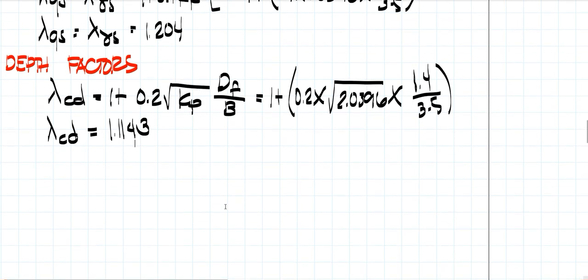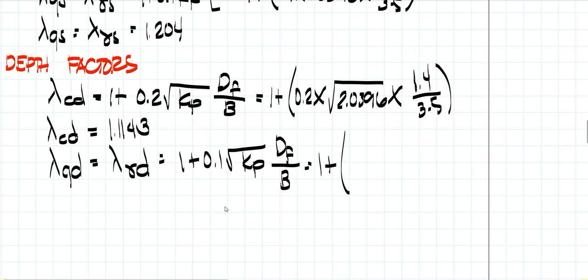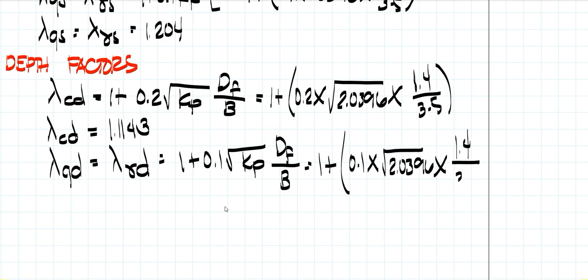Next will be lambda QD and lambda gamma D. So, ang nagpapalit lang naman dito, yung 0.2 is nagiging 0.1. So, that will be 1 plus 0.1 square root ng KP dF over B. So, that will be 1 plus 0.1 times square root ng 2.0396 times 1.4 na dF divided by B, which is 3.5.